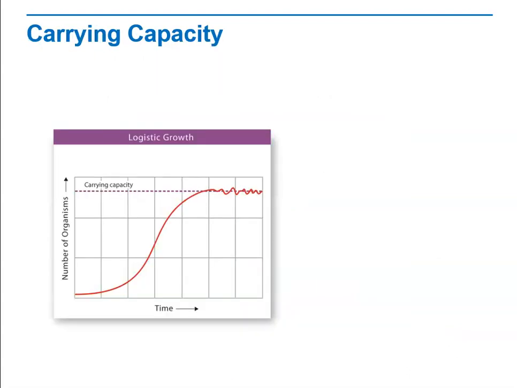I said we would talk about carrying capacity soon, and here it is. Carrying capacity is always included in logistic growth because carrying capacity is the size of the population that can be supported in any one environment.